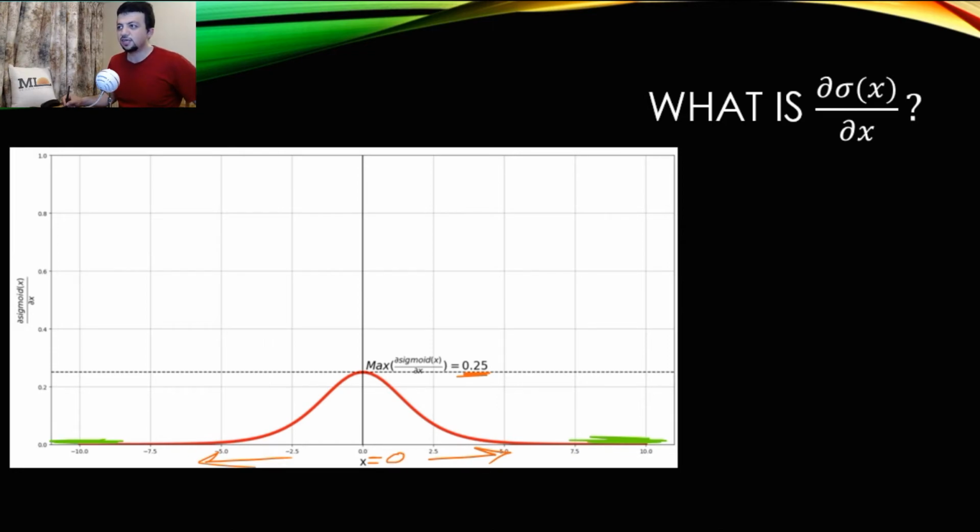And that is 0.25. Now, you might be a little bit confused as to what this really means. He was talking about sigmoid, and now he's talking about the gradient. What does it really mean? I've always found plotting the function and its derivative together on one plot gives you a good idea of what the relationship between the two actually is.